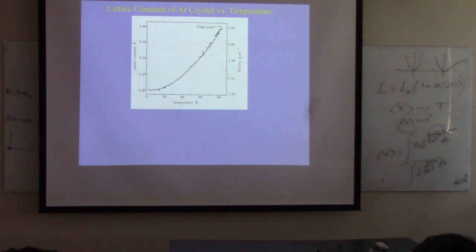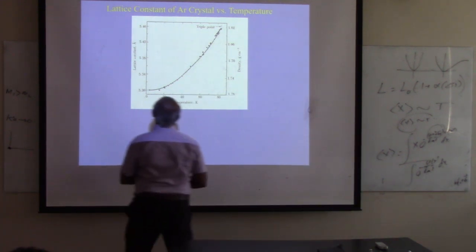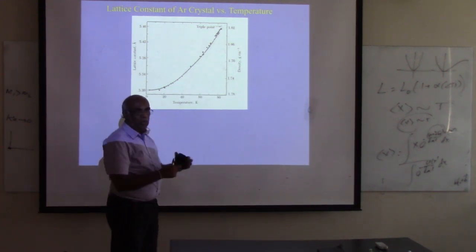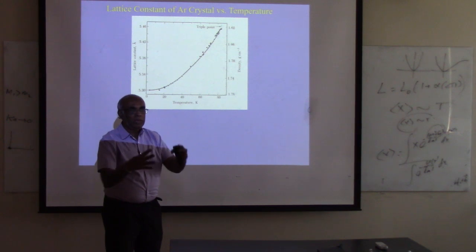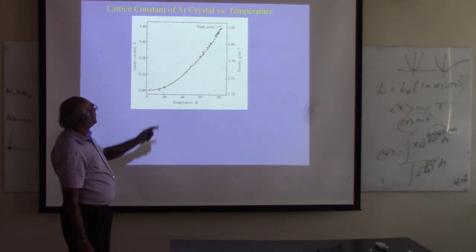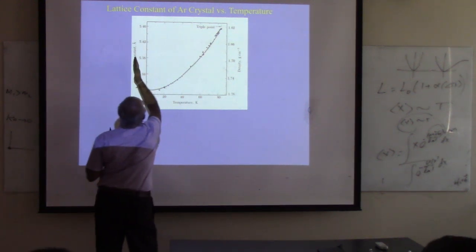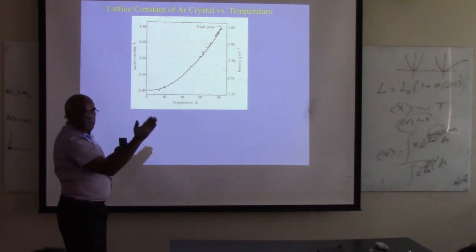Actually, experimental people have measured this for argon crystal at low temperature. Argon at low temperature forms an FCC crystal. If you look at this, you can see the lattice constant. They measured the lattice constant.